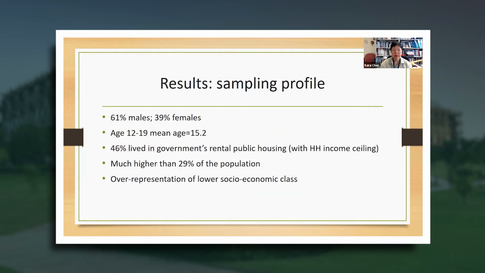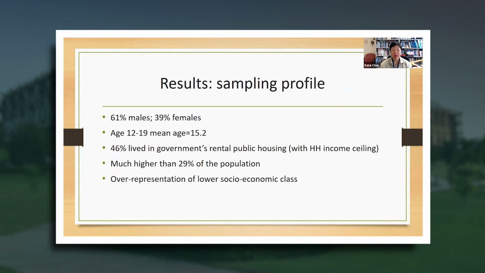So the results. First of all, we look at the sampling profile. We have more males than females because one of those secondary schools is a male school. These are the school principals that I could find that were willing to help. So that's not an equal distribution in terms of gender.